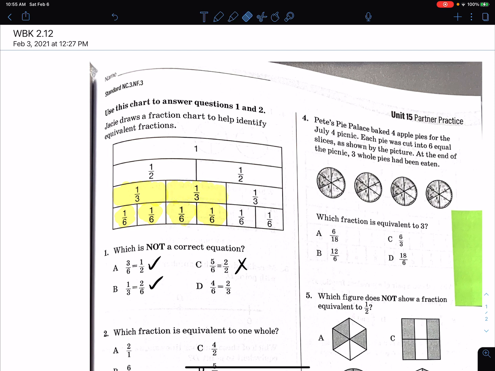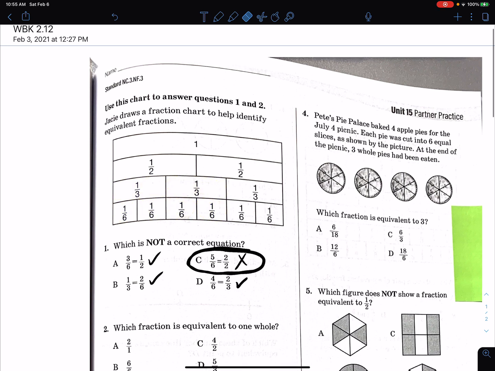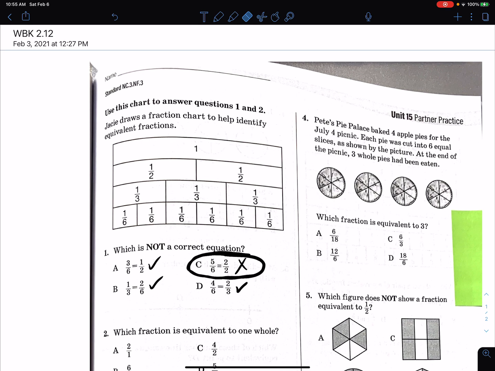Oh, well, I can see that that is equivalent. So letter C would be my answer because 5/6 and 2/2 is not equivalent. Okay, you could also check that by cross multiplying.